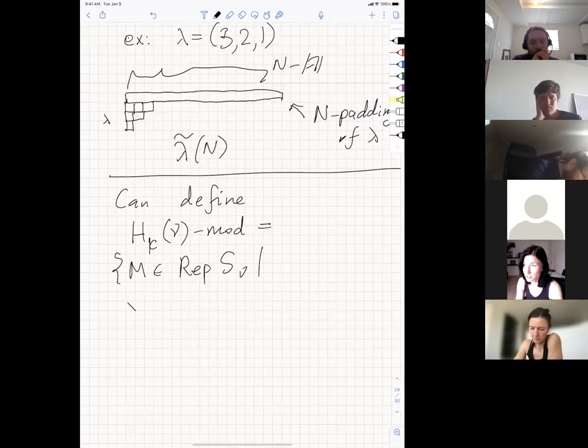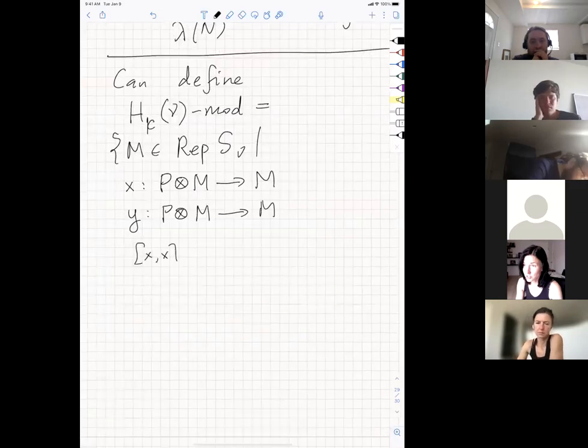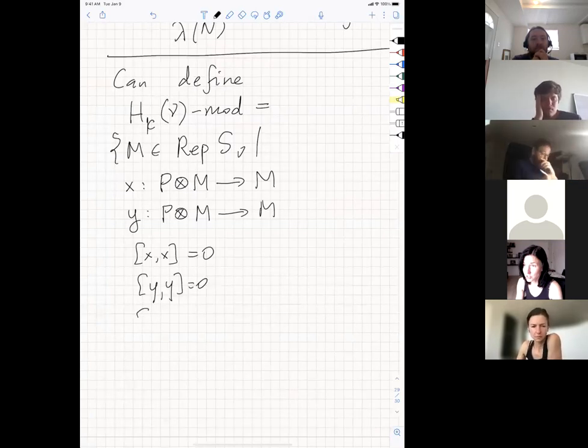So this means we have to have a morphism in this category from P to M to M. And we have another morphism from P to M to M. And then you can write relations appropriately. This is 0, this is 0. And then it takes some work to interpret this relation in categorical terms, but you can do that.